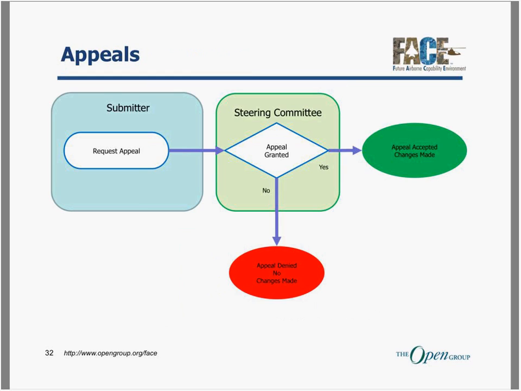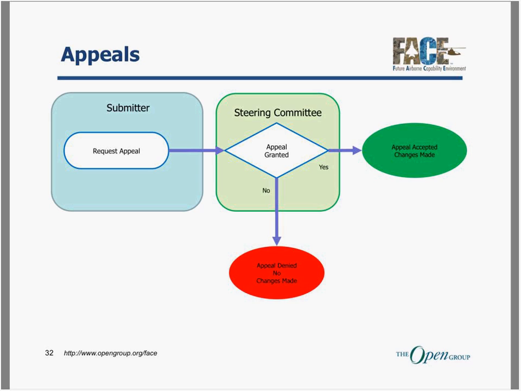And if that doesn't work, or there's questions or disagreements that can't be solved in conformance, there's an appeals process. The submitter, possibly and most likely the software supplier, but it may be a verification authority, might appeal something.